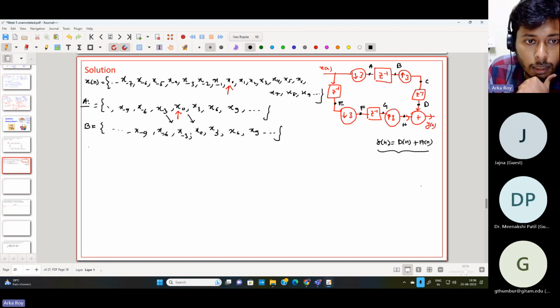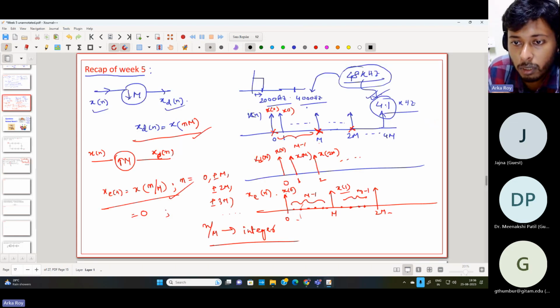Fine. Then C is equal to the upsample of this particular signal. So now at the zeroth location, x of minus 3 is there. When I am upsampling the signal, upsampling means I'm injecting some samples. So I will get x of minus 3, and there will be M minus 1 zeros. When upsampling by a factor of M, there is M minus 1 zero injection.